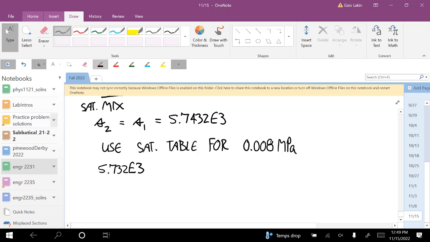5.7432 times 10 to the third is equal to X times the specific entropy for a saturated vapor from the table, which is 8.2287 times 10 to the third, plus the quantity 1 minus X times the specific entropy for a saturated liquid at that pressure.